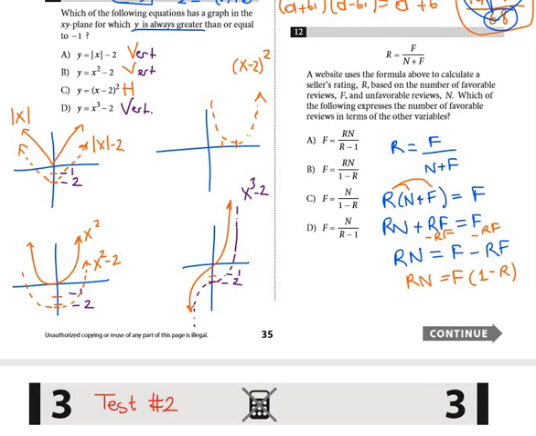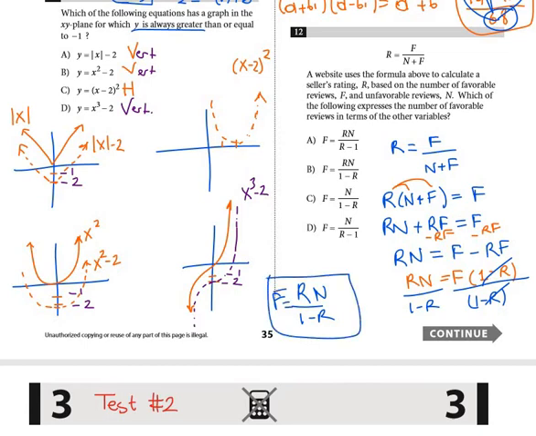Since we are solving for F, we need to divide both sides by 1 minus R. So F is equal to Rn over 1 minus R, which is B.